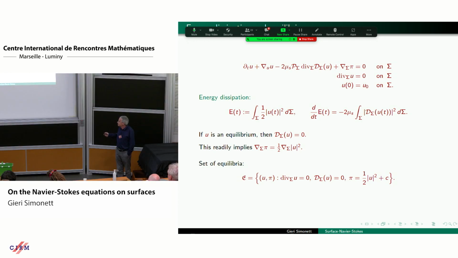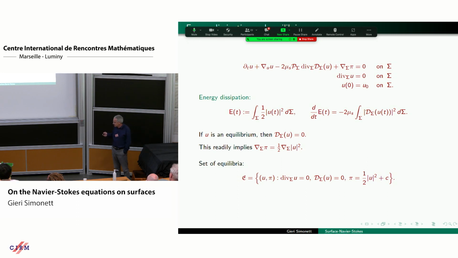So you end up with equilibria, and the unknown is what is really contained in here. On a side note, for those of you who are past this, this condition is in fact redundant if the deformation tensor vanishes, because if you take the trace of the deformation tensor, you would have the divergence here. So this one I could take out, it's automatically satisfied.